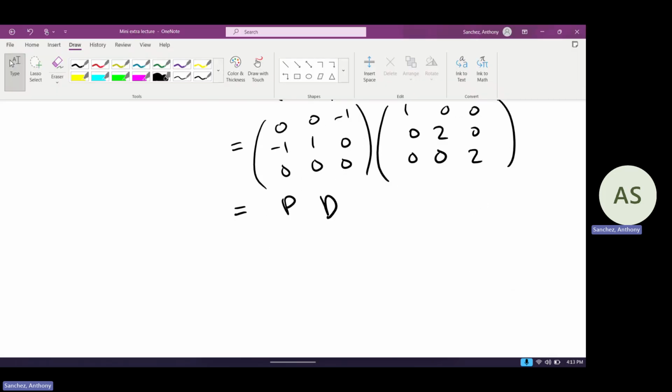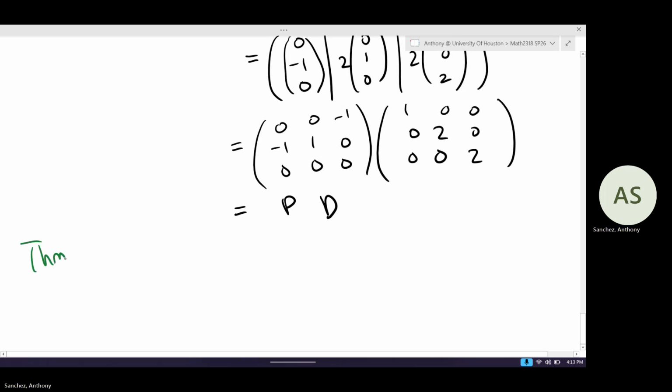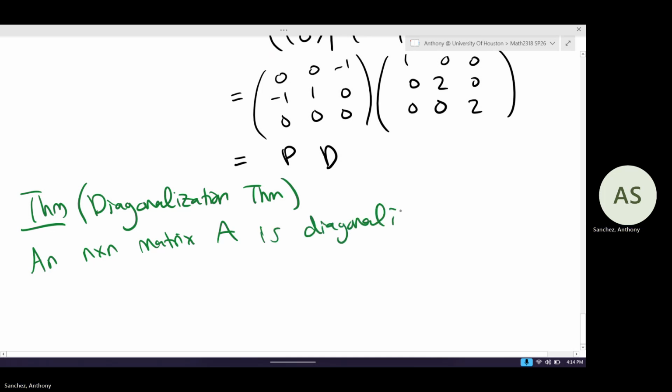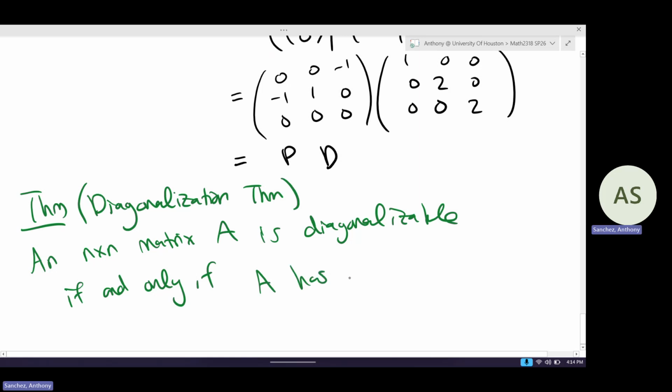All right, and so here's a theorem that we've been brushing around a lot. It's the diagonalization theorem. That morally is what we've been saying. So an n by n matrix A, for example a 5 by 5, is diagonalizable if and only if A has n linearly independent eigenvectors.